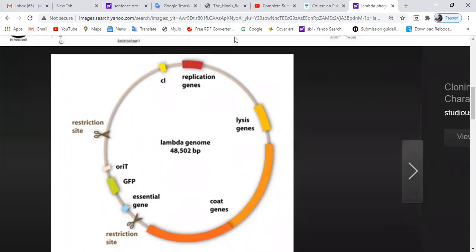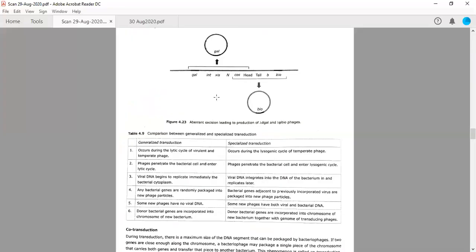So what will happen? Either it will lose some of the viral genes. When it includes the galactose metabolizing gene from the bacterial chromosome, it will lose some genes, for example for the tail and other genes which were very important for the further infection process.